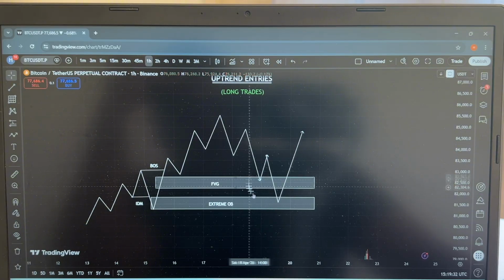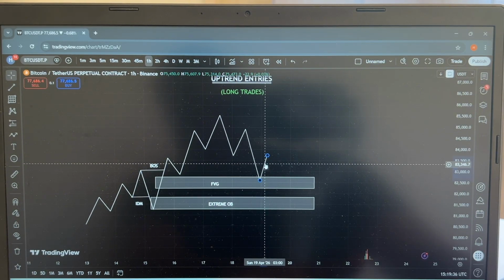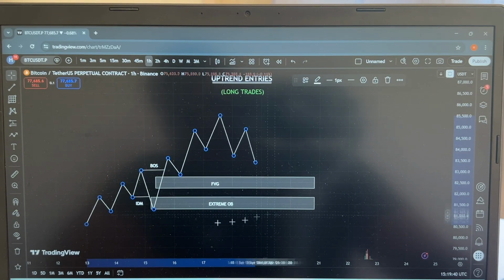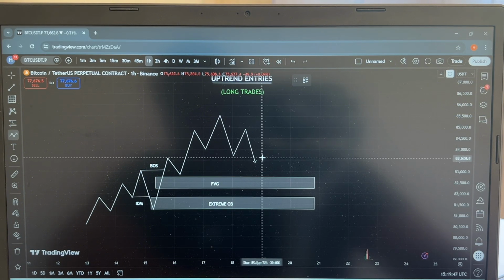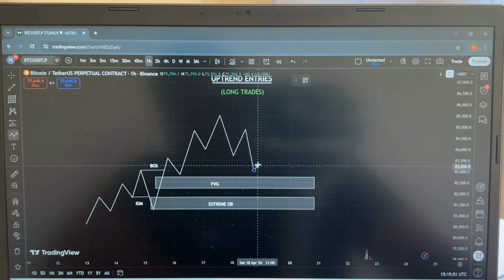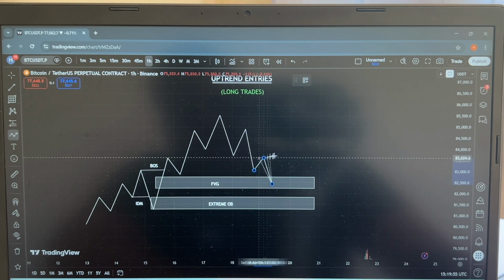In this scenario, this is in the one hour time frame, the higher time frame. You go to the lower time frame, the 5 minute time frame, and you can clearly see that it did not break this high.